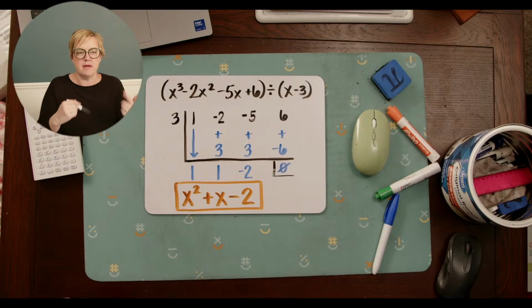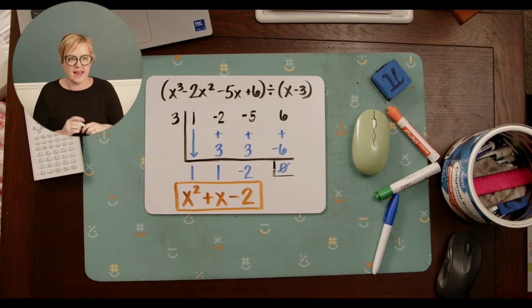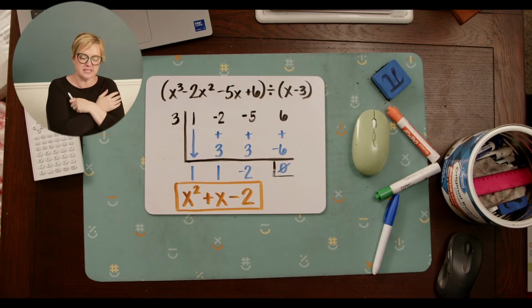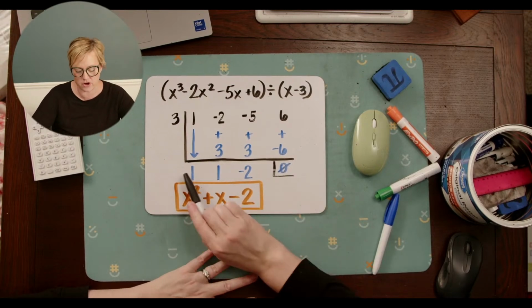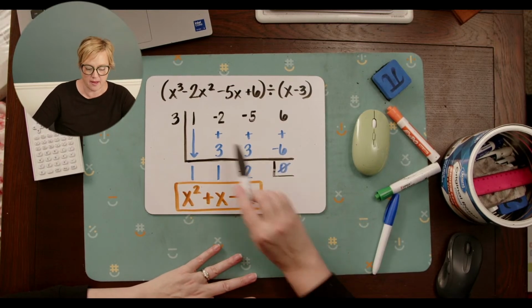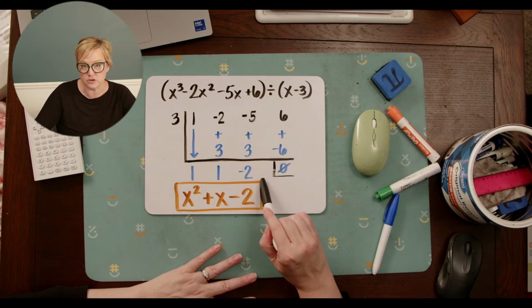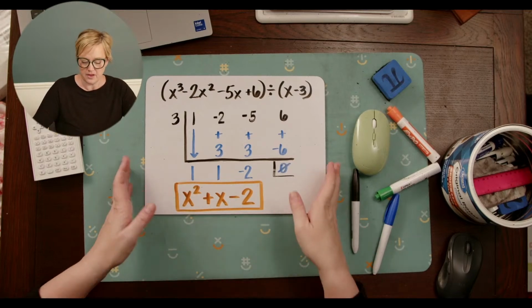Otherwise you're going to run out of coefficients. I have 4 terms here and only 3 terms here, so I've got to start with 1 less degree.